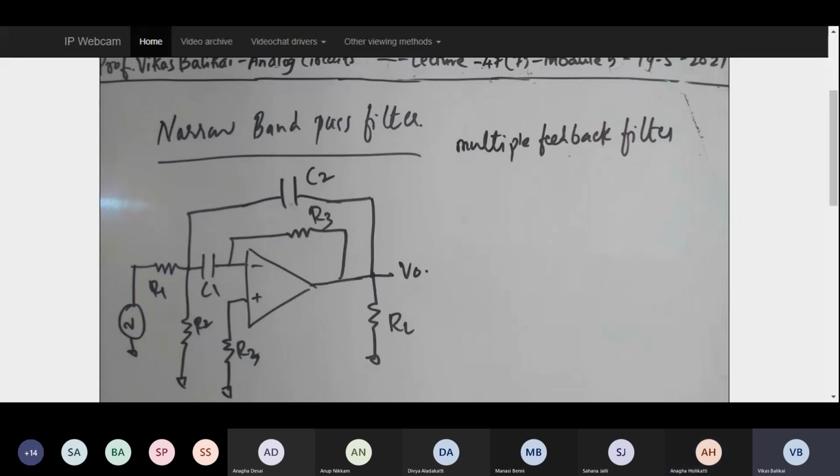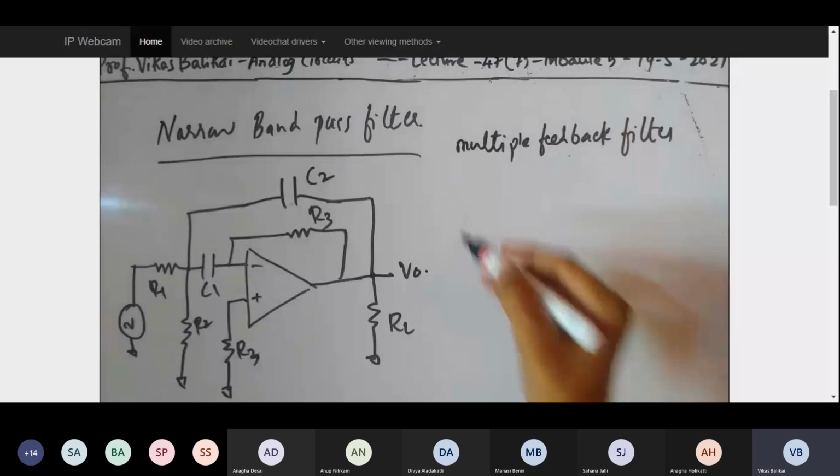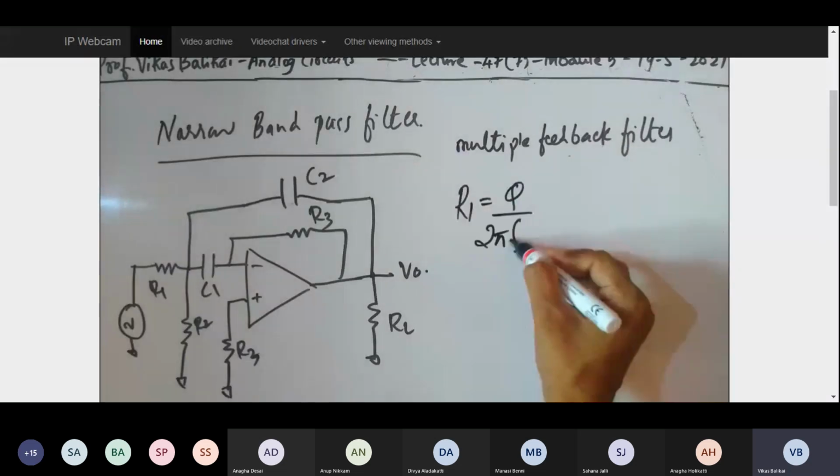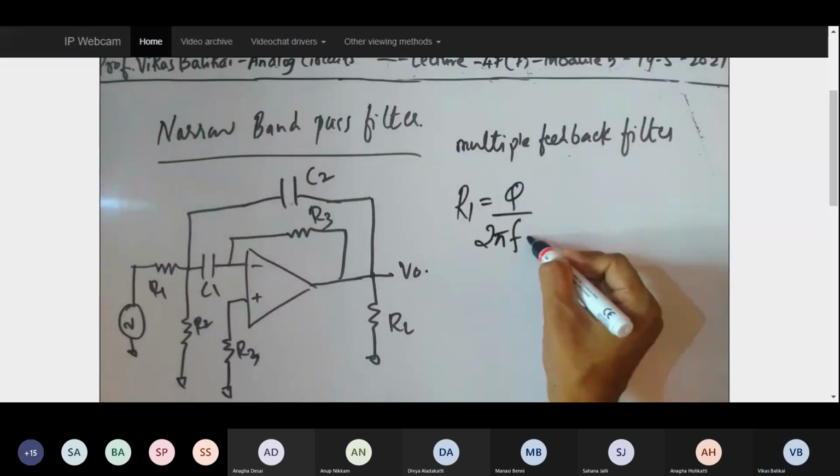Now here, unlike your other filters, we don't have a clear-cut or specific derivation attached to this. What is given here is from the textbook, just a few formulas to remember. R1 is given by Q divided by 2 pi Fc C times AF.